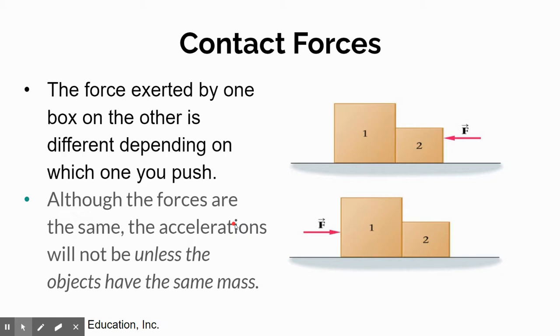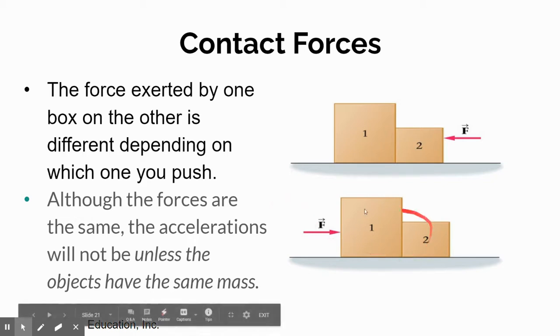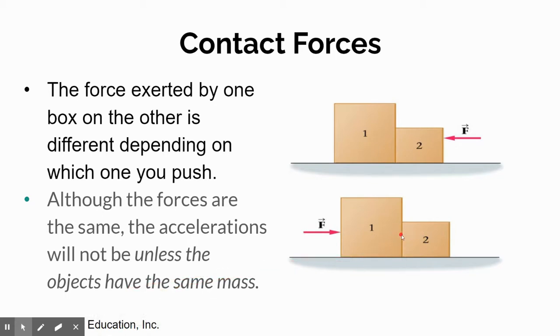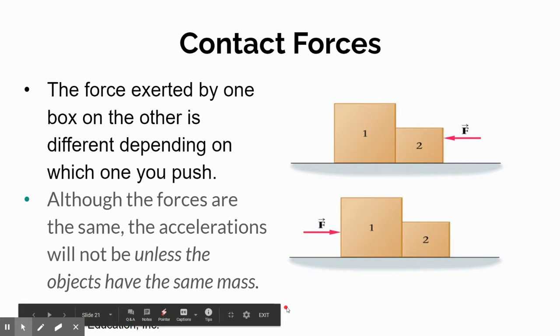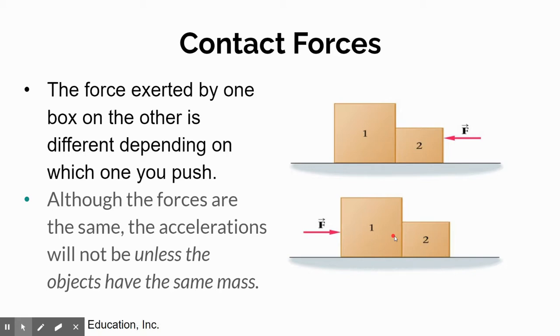Well, even though the forces are the same, those accelerations aren't going to be the same unless the objects have identical masses. And it's possible that these two boxes have identical masses, but we don't have enough information to determine that. So this is something to make note of, that when two objects are in contact, the accelerations aren't going to be the same unless the objects have the same mass.